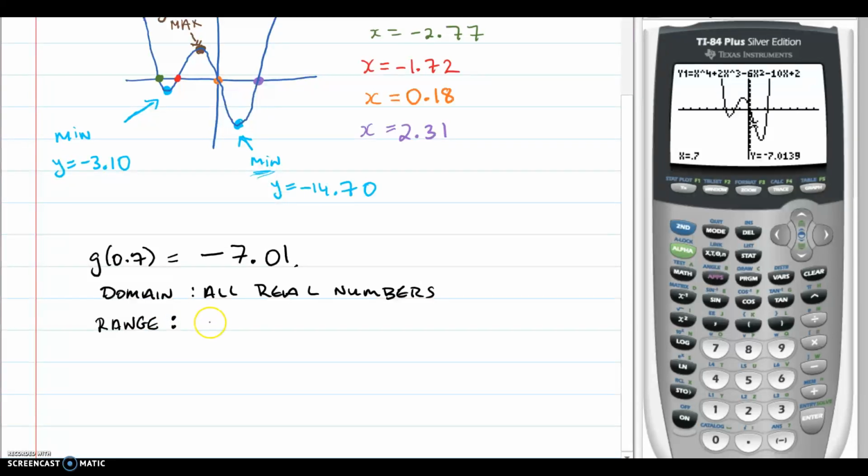So in other words, y has to be greater than or equal to negative 14.70. So the range is the set of y values such that y is greater than or equal to negative 14.70.